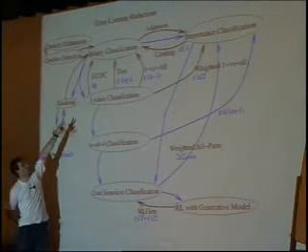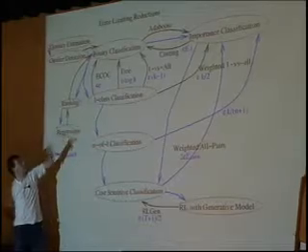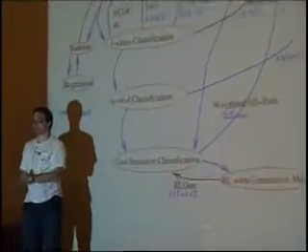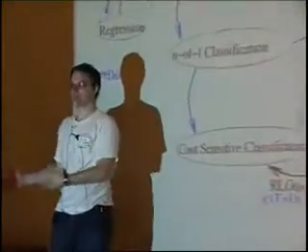One of them is ECOC. One of them is this tree reduction, where we just say, the first problem is, is the label 1 or 2 or 3 or 4? And then is it 1 or 2, or is it 3 or 4? And this is 1 against all, which I explained to you. This is weighted 1 against all, which I showed you a graph at the beginning about.